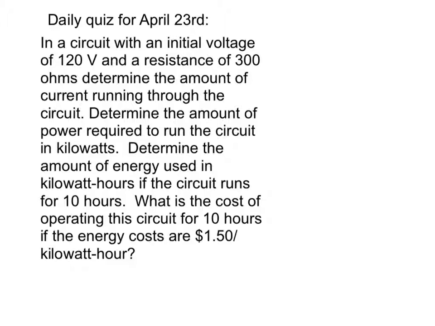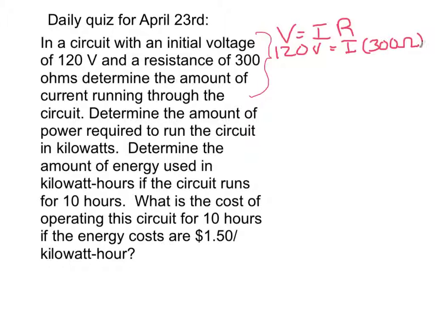In this portion of the problem, this is going to be Ohm's law, which we know is V equals IR. We have 120 volts, we have I as our current, and 300 ohms is our resistance.